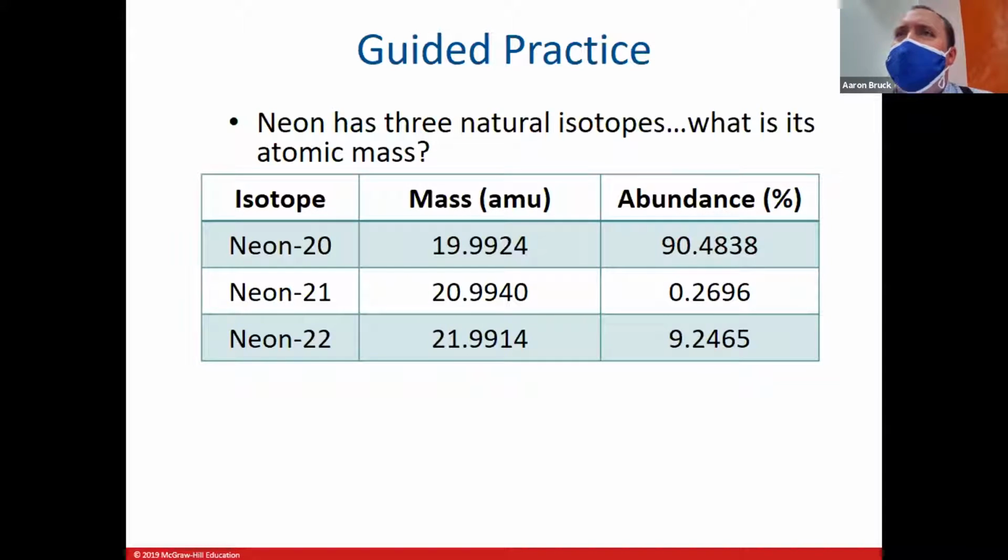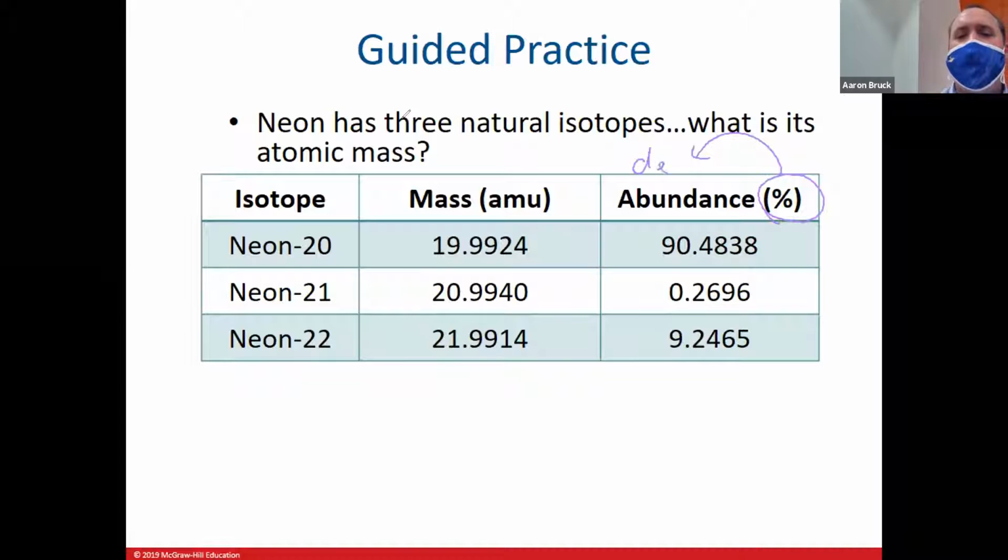Now, if you read in your book, it will tell you that you need to turn these percents into decimals before you do your subtraction or before you do your multiplication.